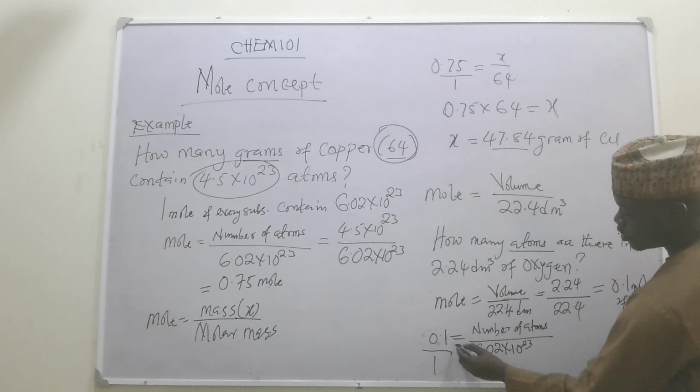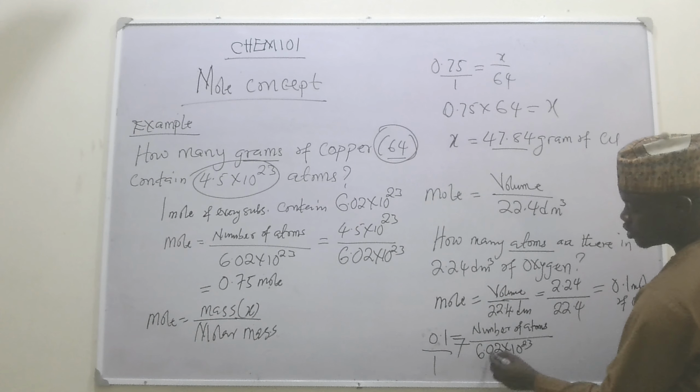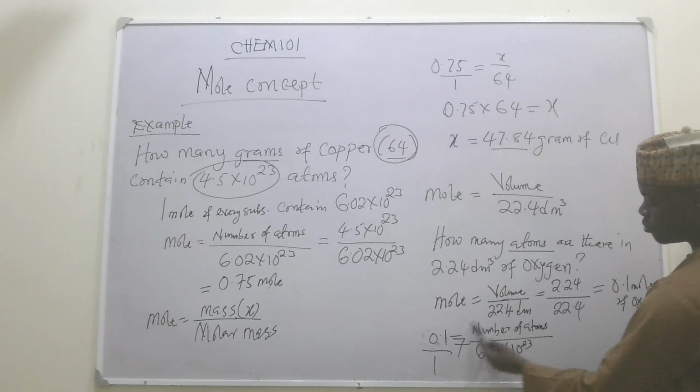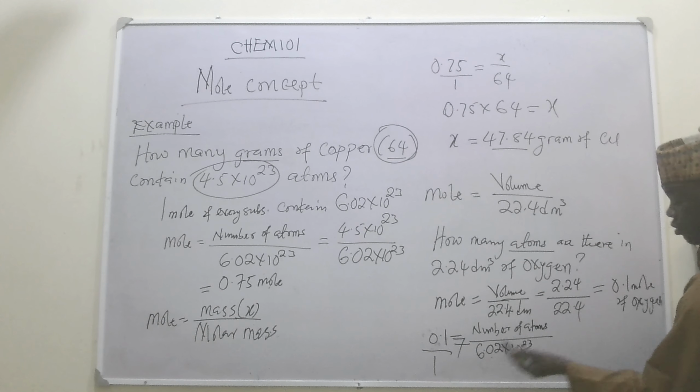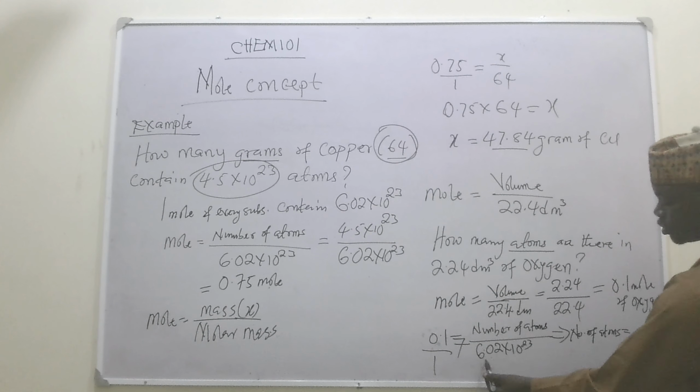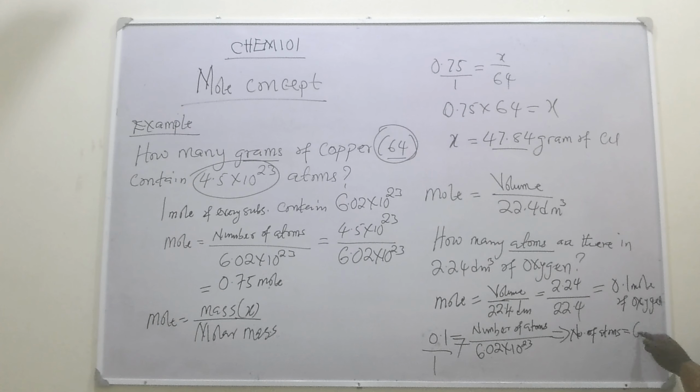Now I cross multiply: 6.02 times 10 raised to the power of 23 times 0.1 gives the number of atoms. So the number of atoms is 6.02 times 10 raised to the power of 22.